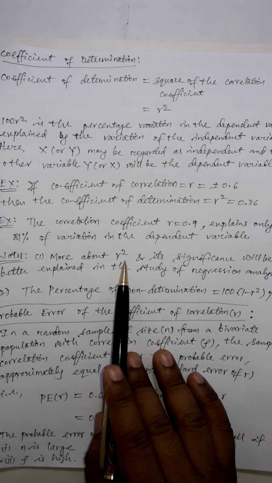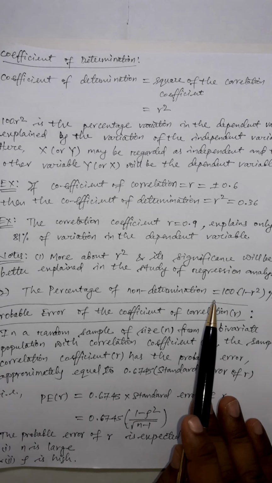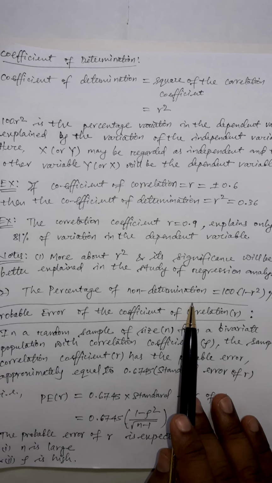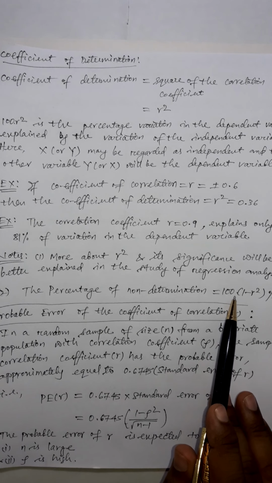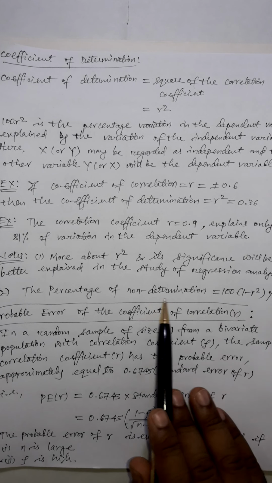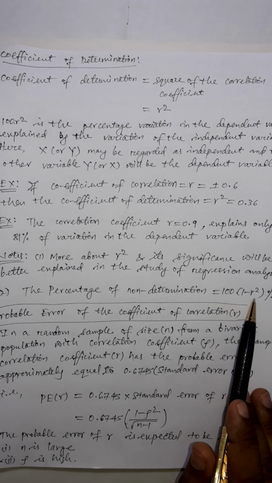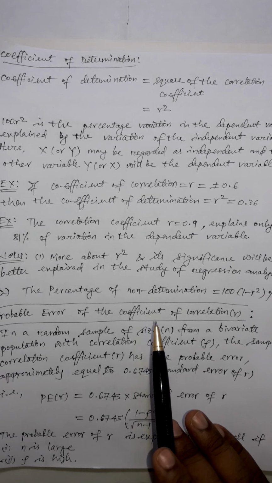Okay friends, now the second point says that the percentage of non-determination is equal to 100 into 1 minus r square percent. If the percent of determination is 100 r square, then the percentage of non-determination will be 100 into 1 minus r square. This term will also help us to understand the relationship between two variables or two series of variables in our future studies.